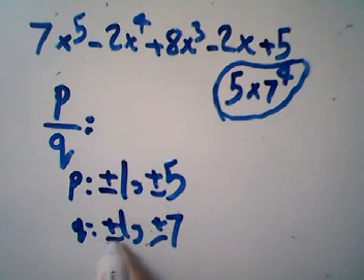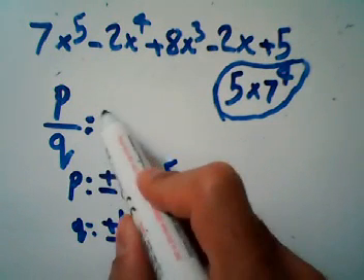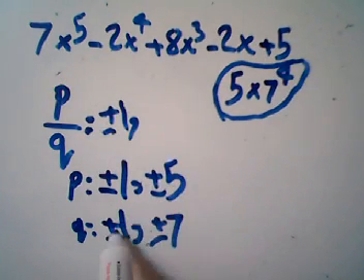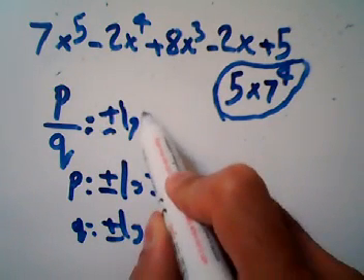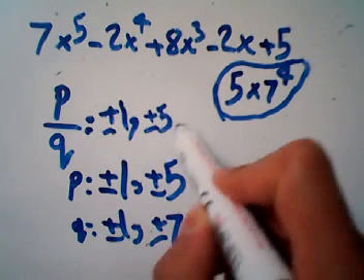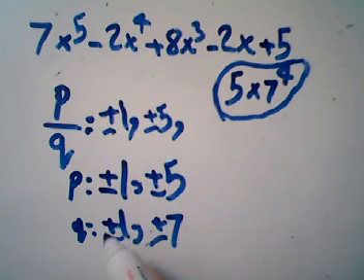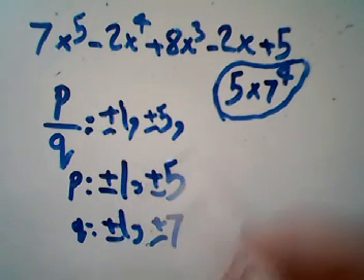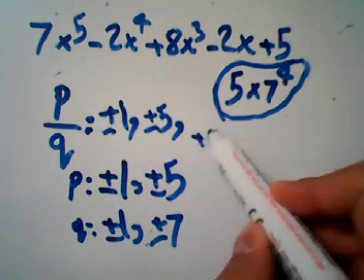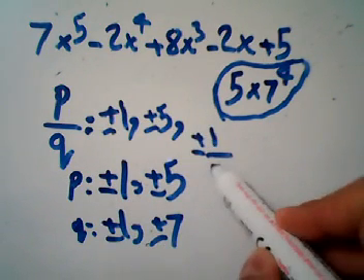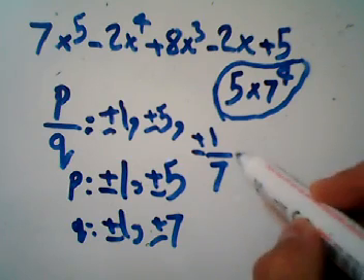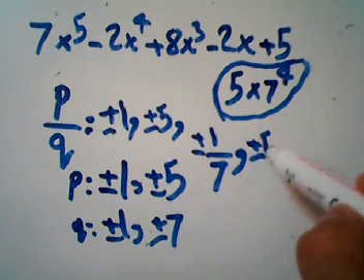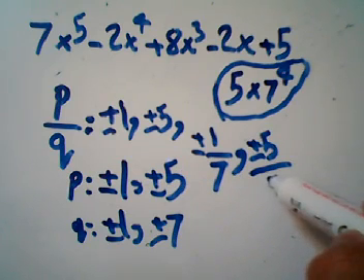Positive and negative 1 over 1, positive and negative 5 over 1, positive and negative 1 over 7, and positive and negative 5 over 7.